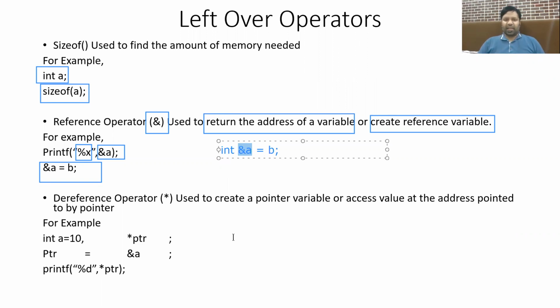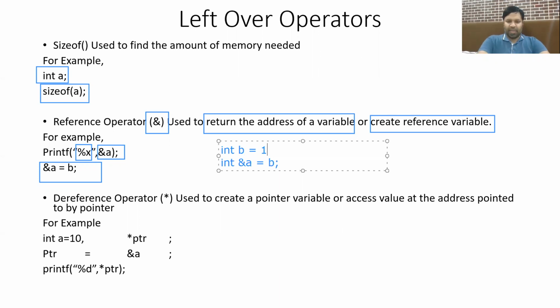What is aliasing? If I am assigning it the value of b, it means b is a variable that already exists. For example, something like this. Now b is a variable that already exists, and I am creating an additional reference to the same variable, which means that now the memory location which is being pointed to by b has another name called a.